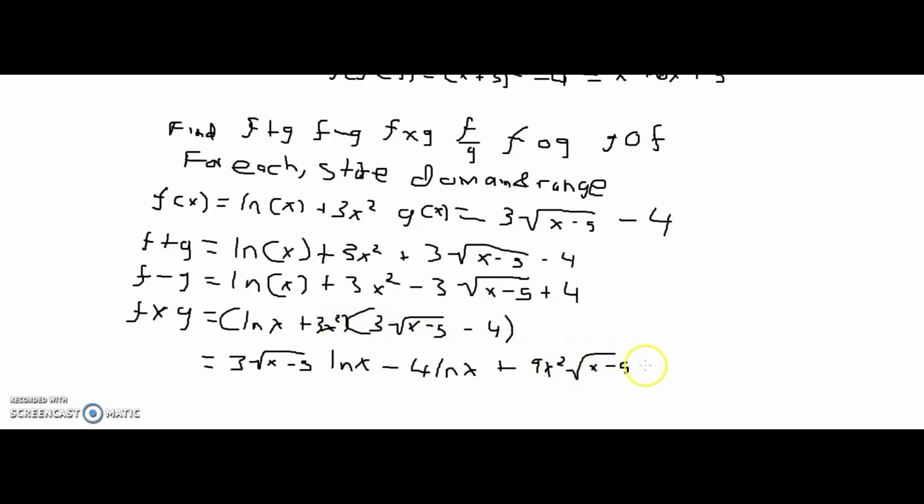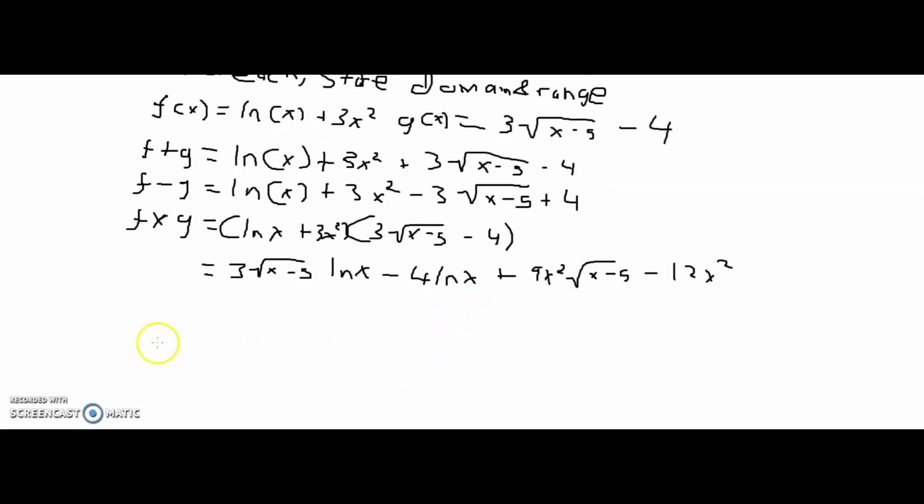And then finally, minus 12x squared. And not really any other common factors, so I'll just leave that as it is.